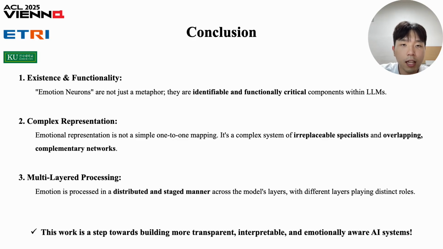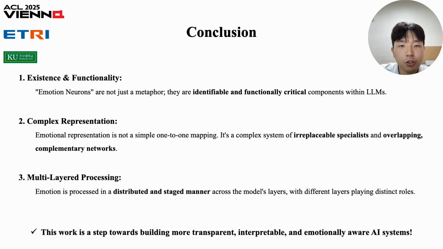Of course, our work has its limitations. First, we focused on the 6 basic emotions. A natural next step is to investigate if specialized neurons exist for more nuanced states like empathy or sarcasm. Second, our study was confined to the text domain.